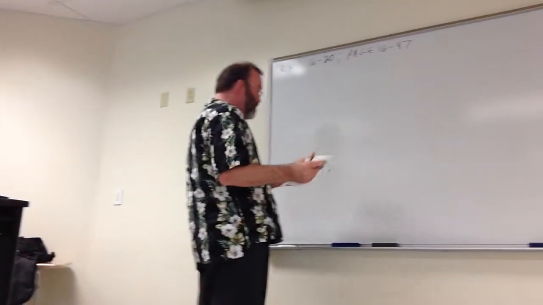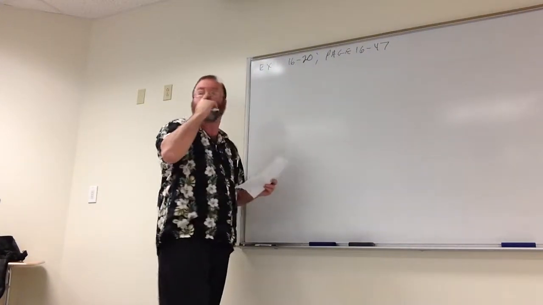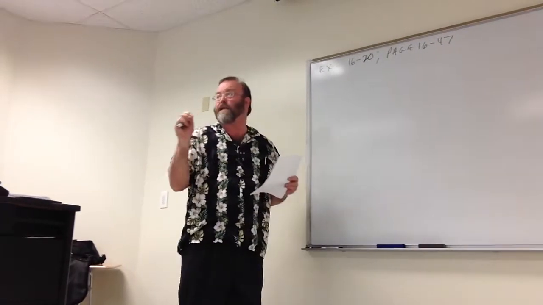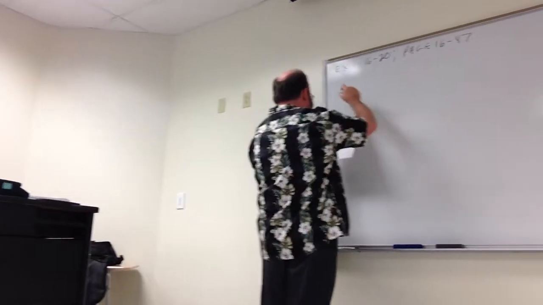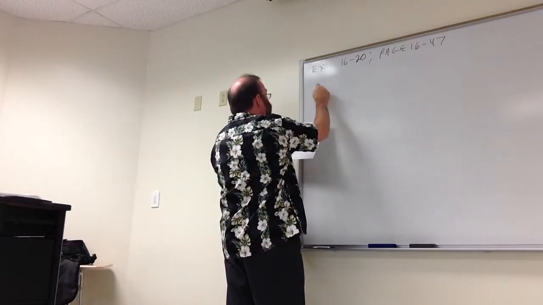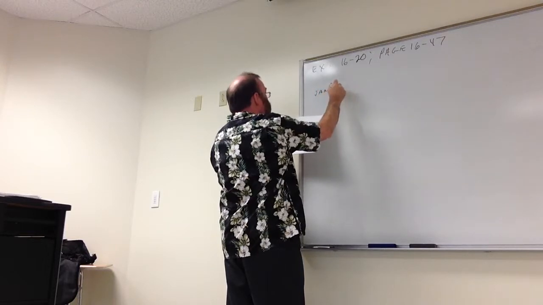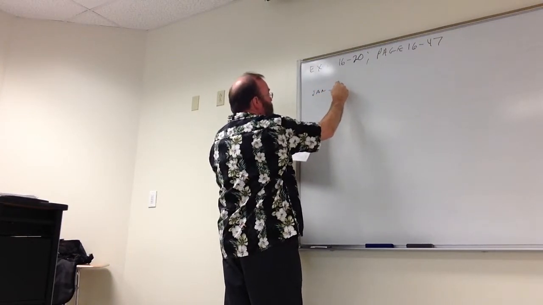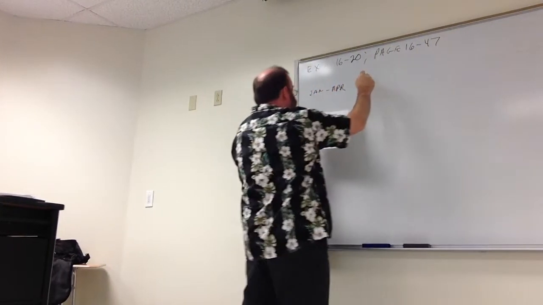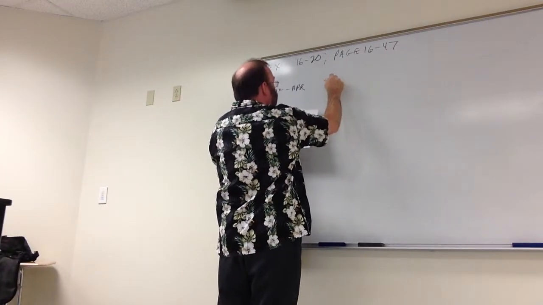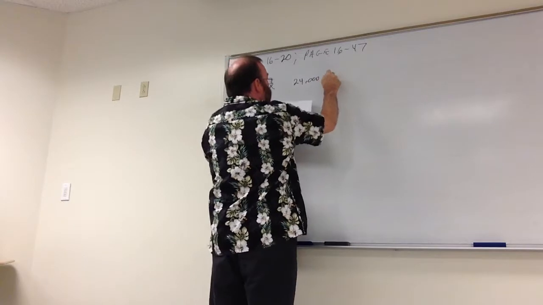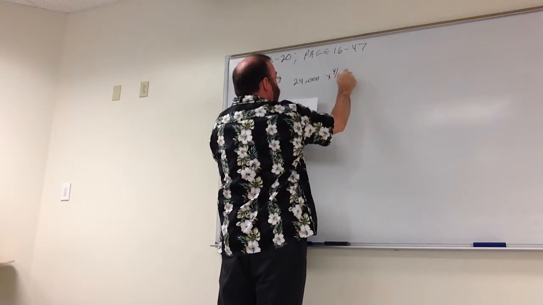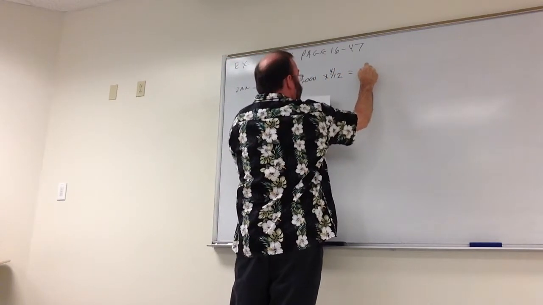So the first thing you need to do here is what we were doing last Thursday. You need to calculate the weighted average shares outstanding for the common stock. From January to April, we had 24,000 actual shares outstanding for 4/12 of the year, which is 8,000.